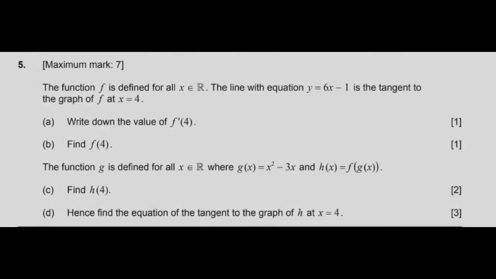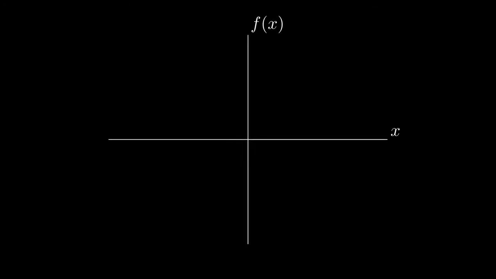Question 5. We have a function and we're given a tangent line at x equals 4, and then a couple of things that we can deduce from there, a and b. For parts C and D, we're given a composite function h of x, which is f of g of x, and we're going to eventually find the equation of a tangent line for that function at x equals 4. First, I'm just going to draw a function so that we have something to look at.